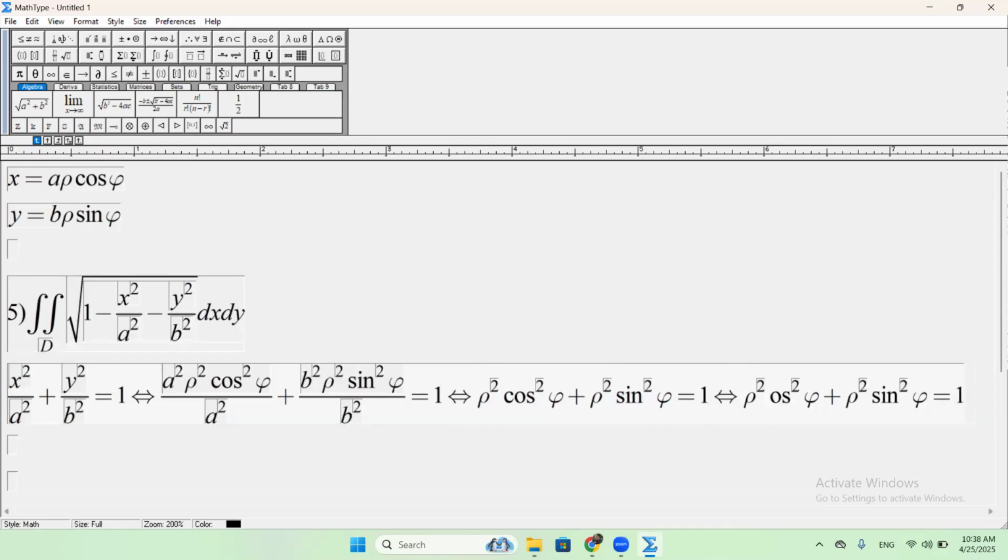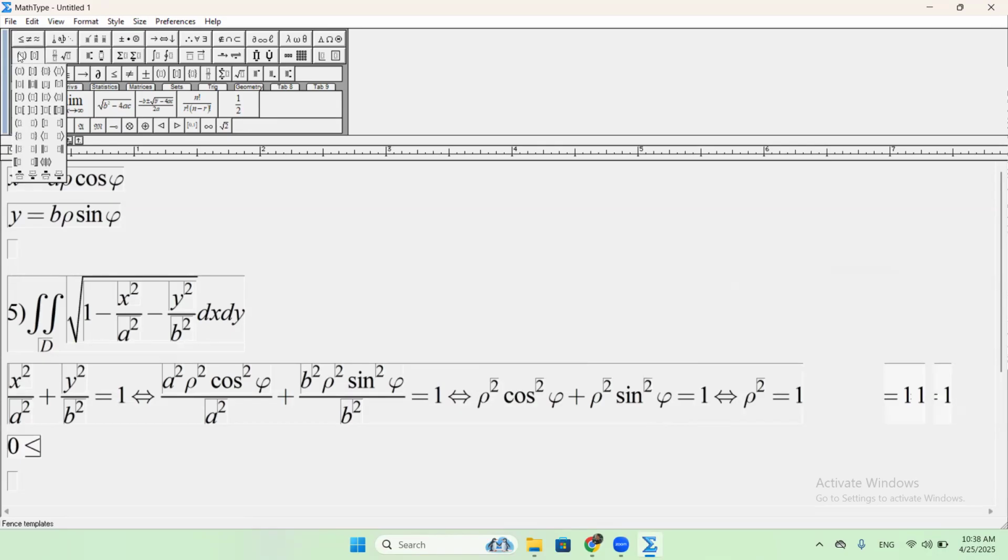So rho changes from 0 to 1, and phi changes from 0 to 2 pi.